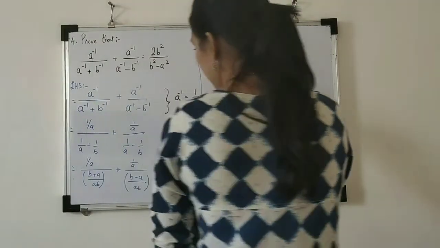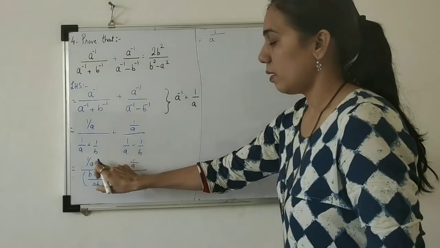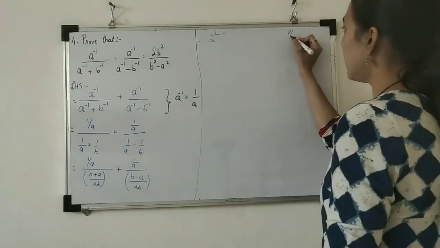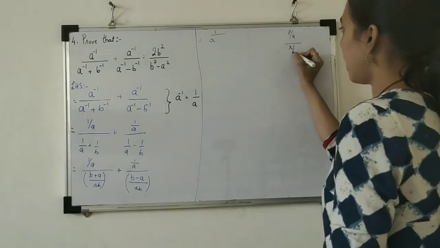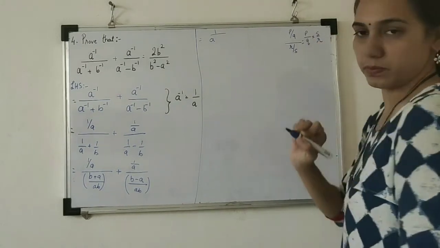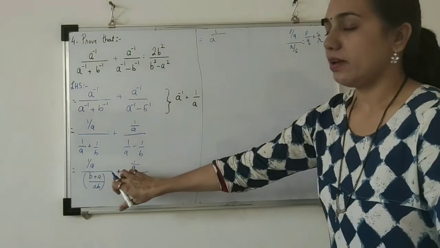Now the next step. See, 1 upon a divided by b plus a upon ab. All of you know p upon q divided by r upon s is equal to p upon q into s upon r. So I will multiply with the reciprocal.